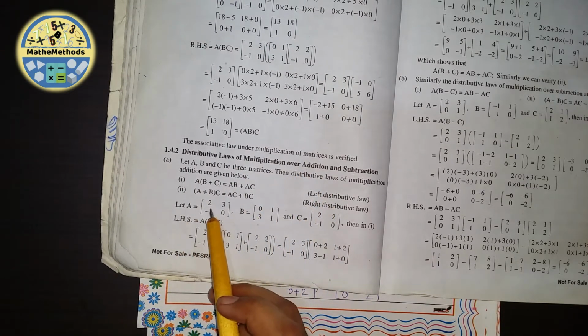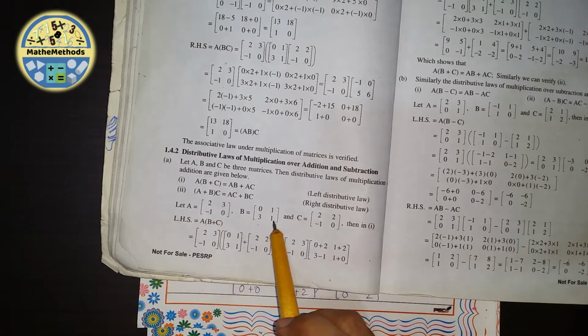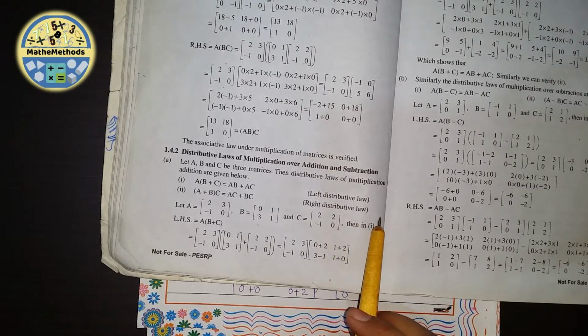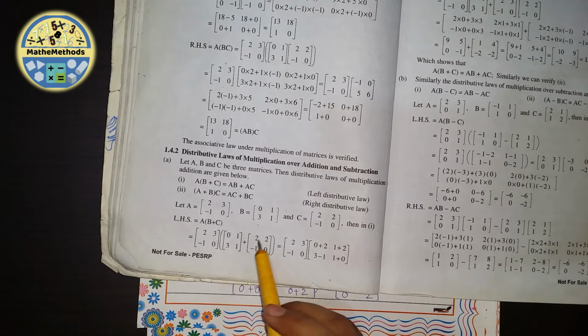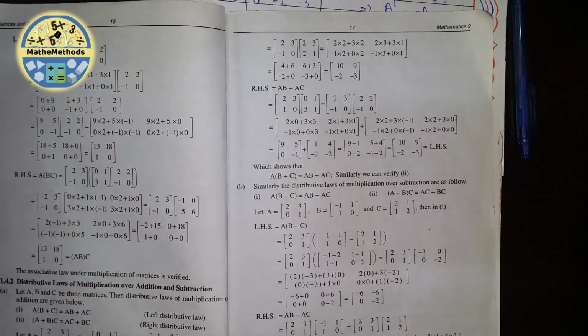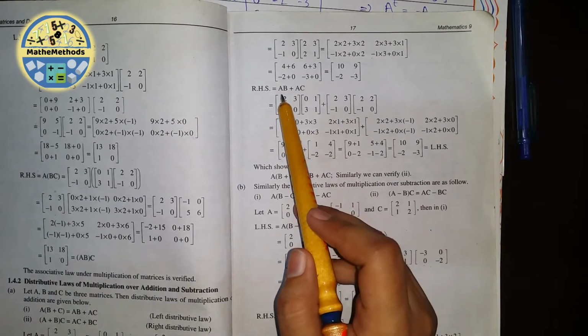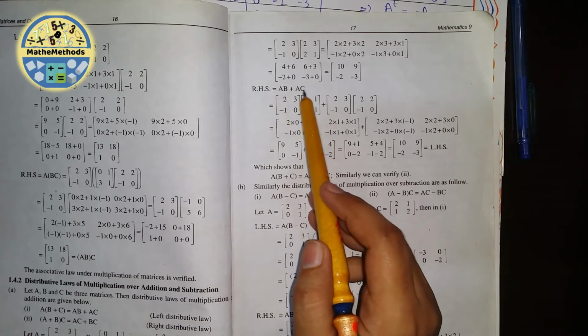For example, we have A is equals to 2 3 minus 1 0, B is equals to 0 1 3 1, and C is equals to 2 2 minus 1 0. Then by 1, A into B plus C. We add the corresponding entries and then multiply the final output with A. Similarly, we compute the right hand side as AB plus AC.